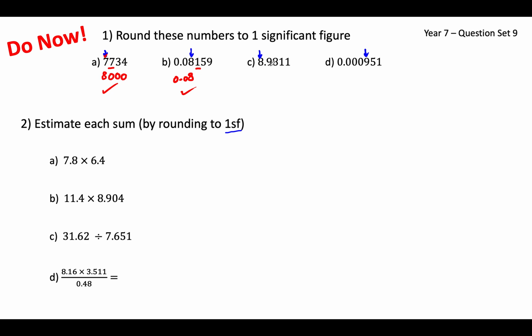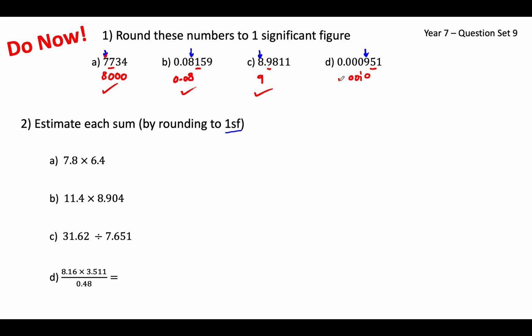This one, 8 here. Now check the next number across. It's a 9. That means I definitely round up my 8 to a 9. Now I don't need a point or anything after that. It's not going to change the place value. So it's just 9. This one here, check the next number across. It's a 5, so 5 or above I round it up, so my 9 gets rounded up. Now, my 9 is going to become a 10. So that would be a 0, and I put the 1 across into the next column.